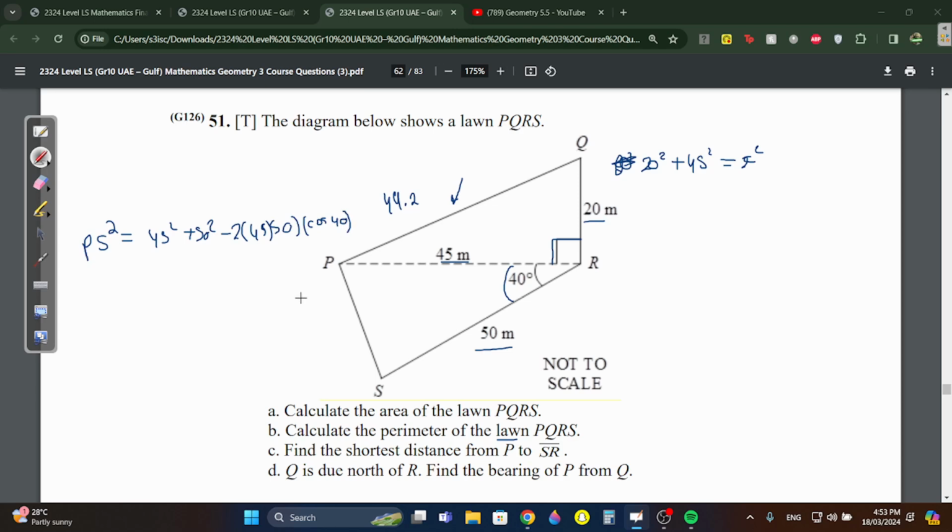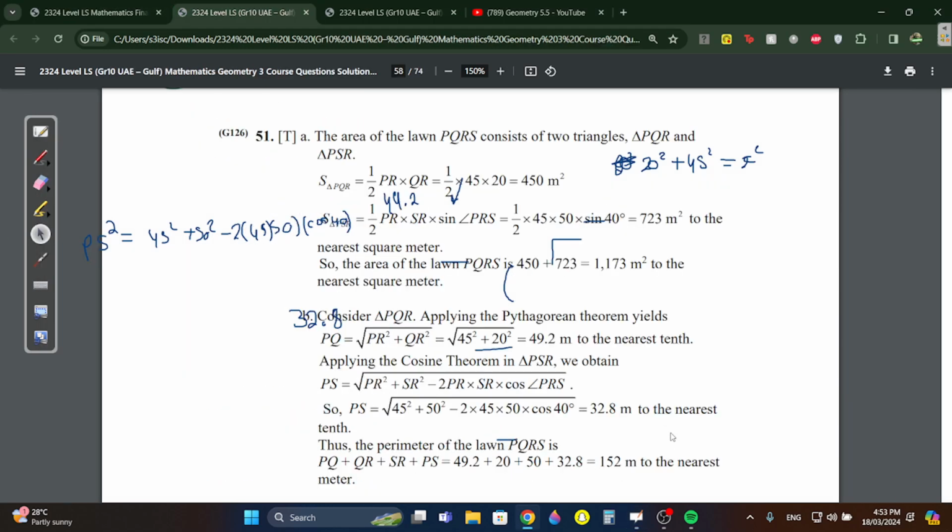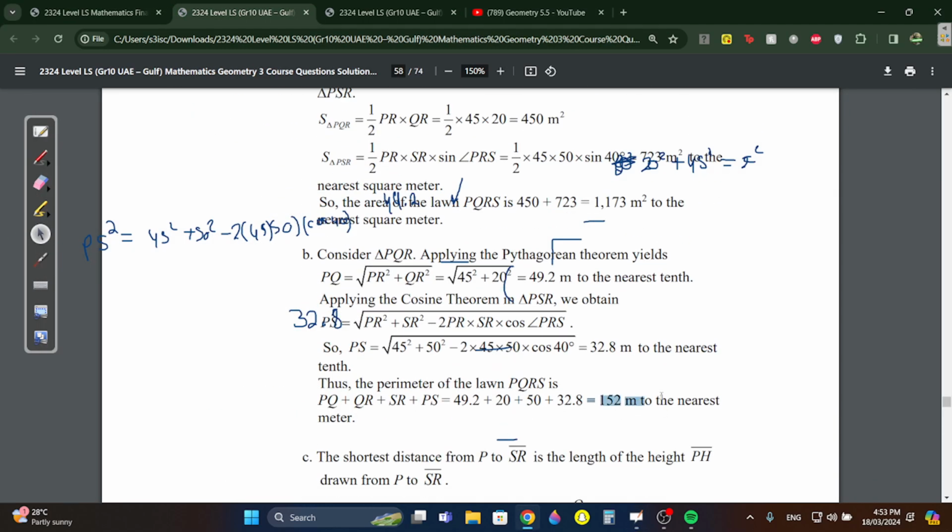You're gonna get 1077, and then the square root of that is 32.8. Add these all up, 32.8 plus 50 plus 20 plus 49.2, and you get approximately 152. So 152 to the nearest meter.